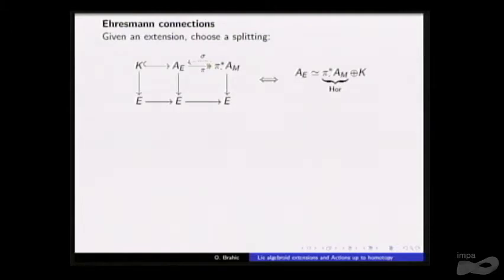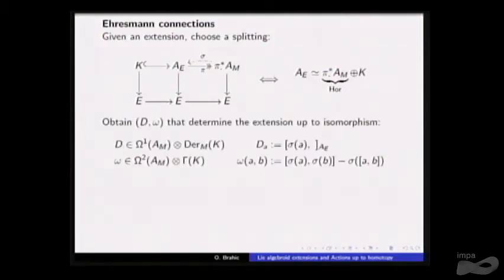Okay, so this is pretty much like an Ehresmann connection where you split the tangent of E as a vertical and horizontal part. Okay. So now, once you fix such a splitting, such a connection, there are two objects that you obtain.